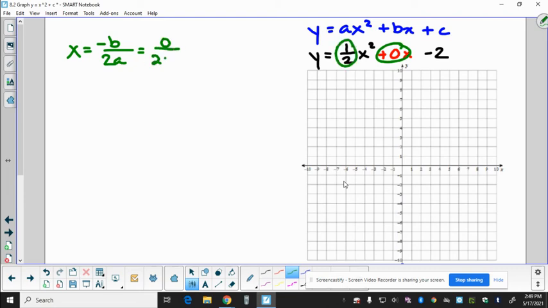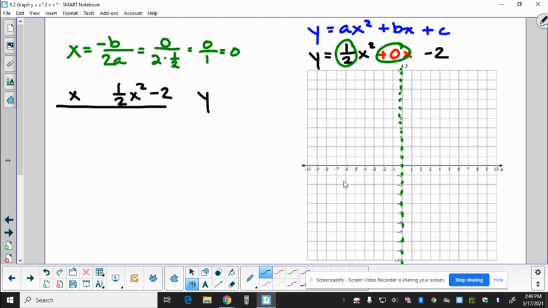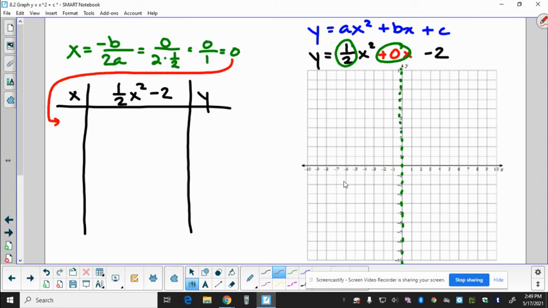A is half. So that's 0. Time to set up a table of values. Let's throw our 0 in here. And that's going to give you negative 2. So 0, negative 2 is the vertex.